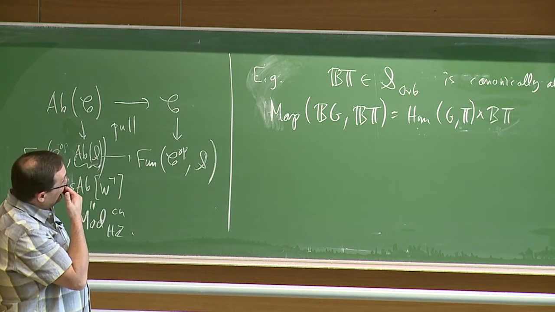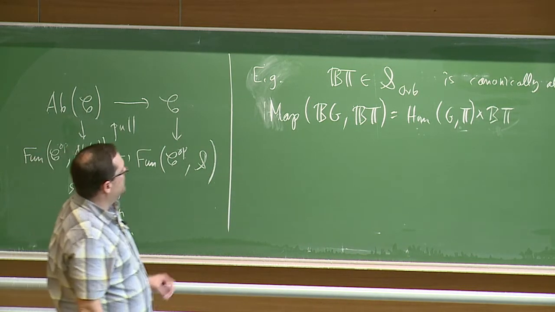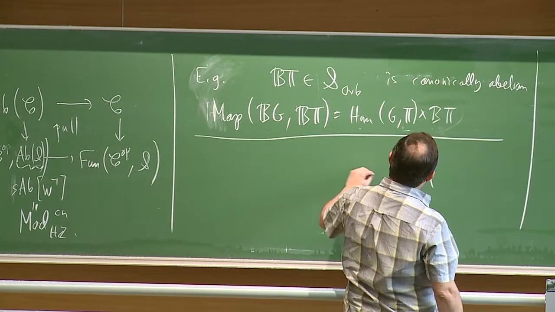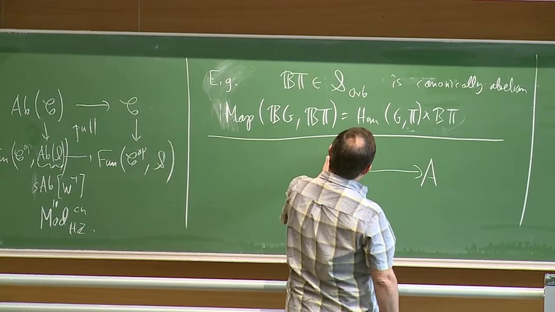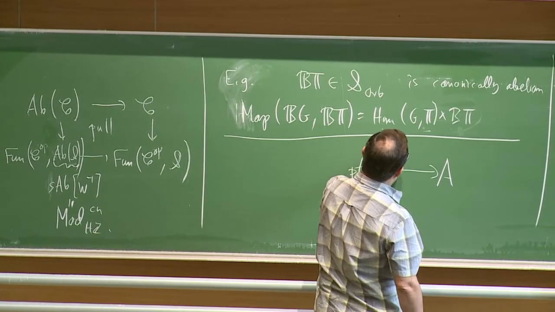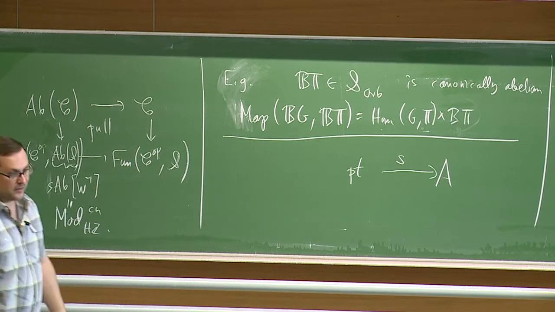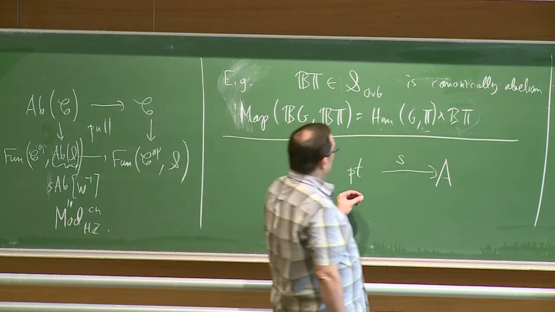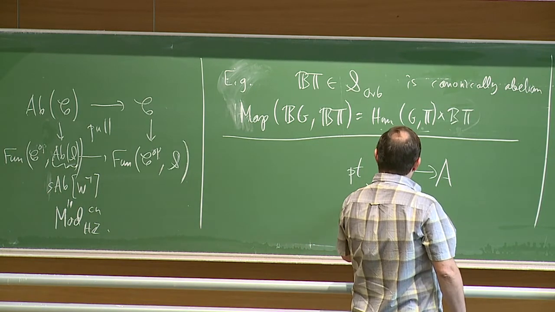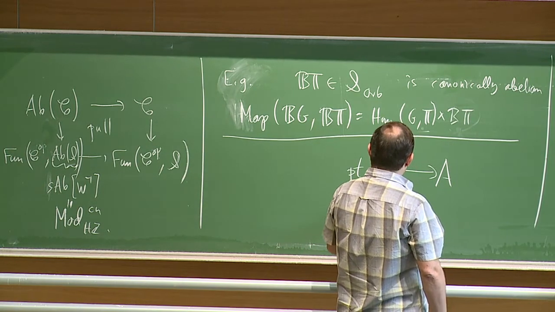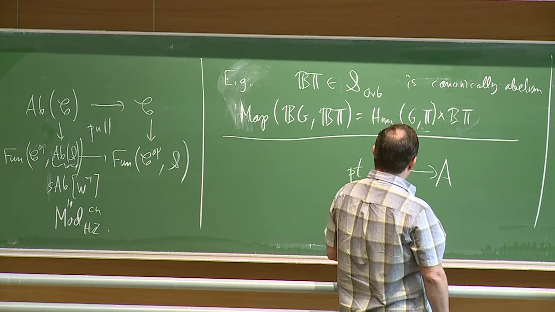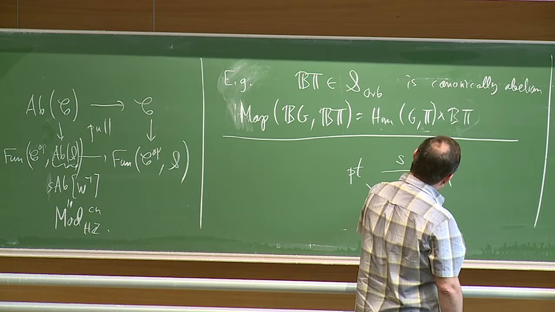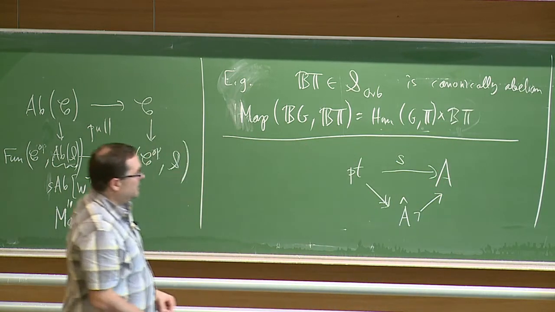Okay, but what does it mean to be oriented? Well, if I have an abelian group object, it always comes with a section. Let's call it the identity section S. And I can factor this as an epi followed by a mono. Let me call what happens in the middle a hat.